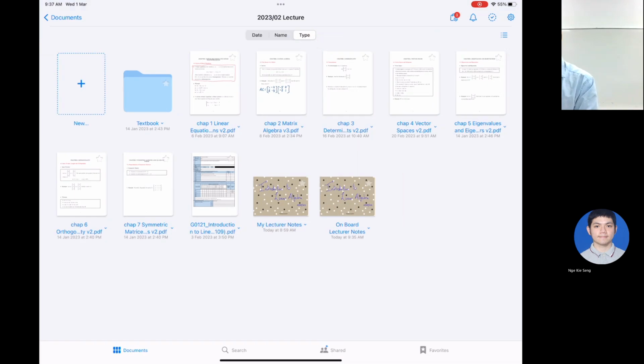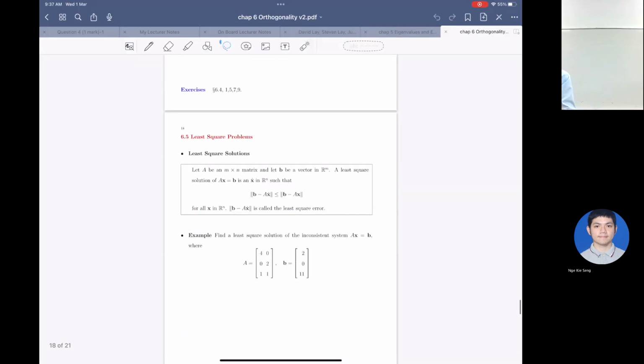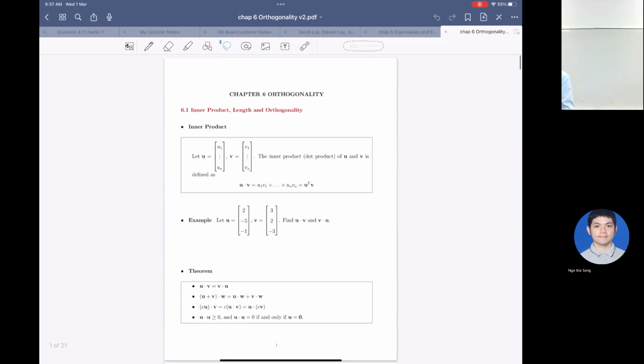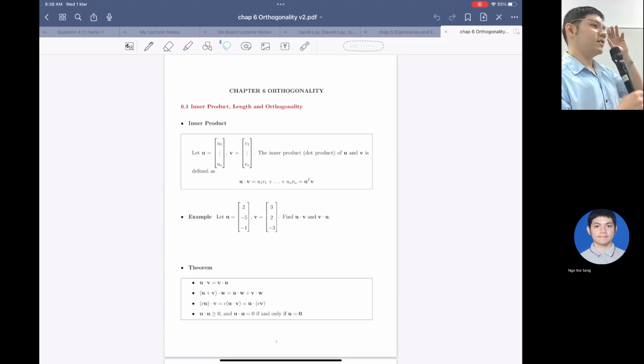Okay, chapter 6. We are going a little bit back to like Euclid, how Euclid studied geometry. So we need to draw some triangle and then look at the angle, look at the length.